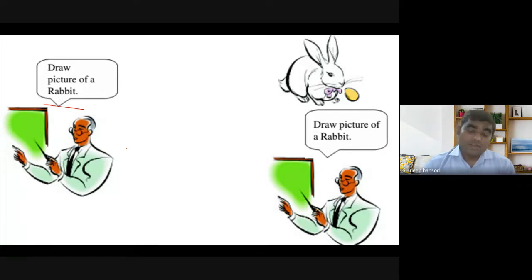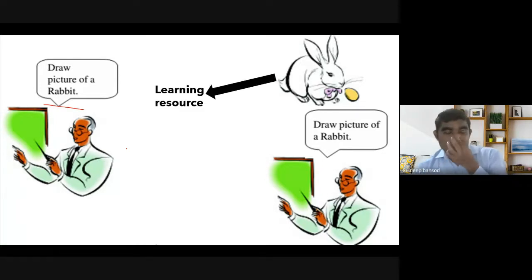So here the rabbit picture is working as a learning resource. The aim is not to have the rabbit exactly the same as in the picture, but to know that this is called a rabbit. So it hastens the learning of the students and hence it is called a learning resource.